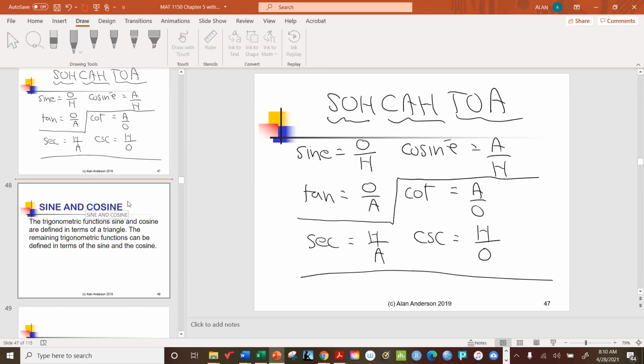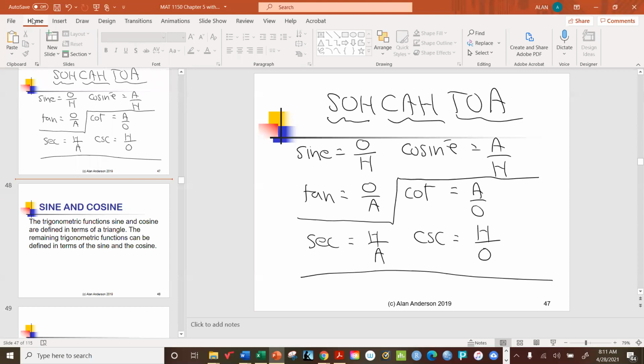Yes, so the reason why these work this way is the SOHCAHTOA gives us the first 3. And these are just definitions. In other words, the sine is defined as the opposite over the hypotenuse. Cosine is defined as the adjacent over the hypotenuse. And the tangent is defined as the opposite over the adjacent. The other 3 are functions of the first 3.